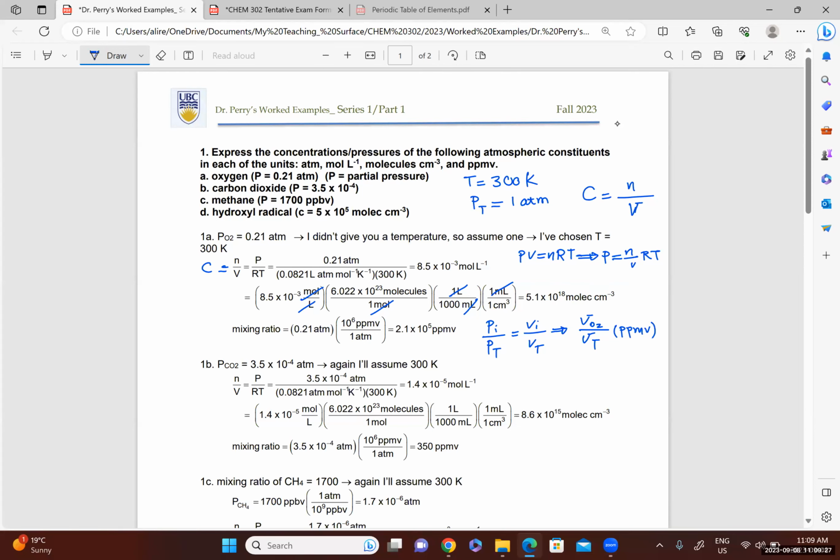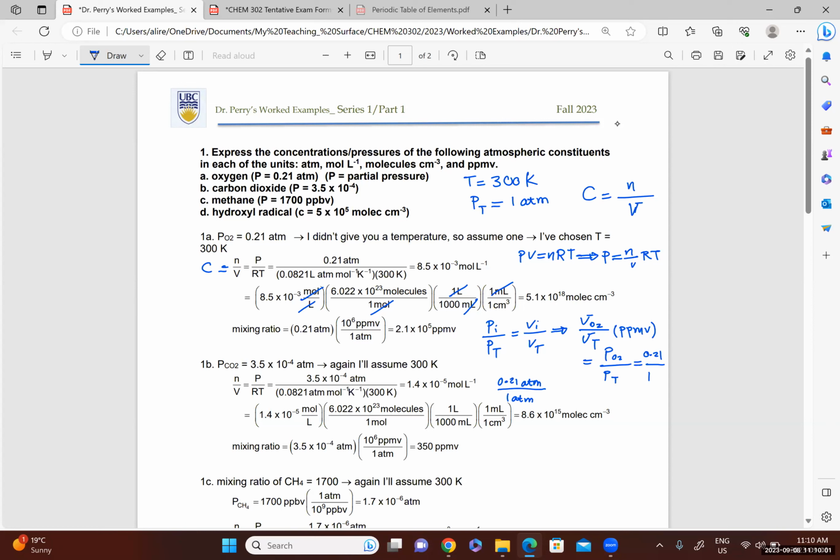It is equal to P oxygen, partial pressure of oxygen, over total, which is equal to 0.21 atmosphere over 1 atmosphere. So I show it over here. 0.21 atmosphere over 1 atmosphere. Okay, just show it over here.